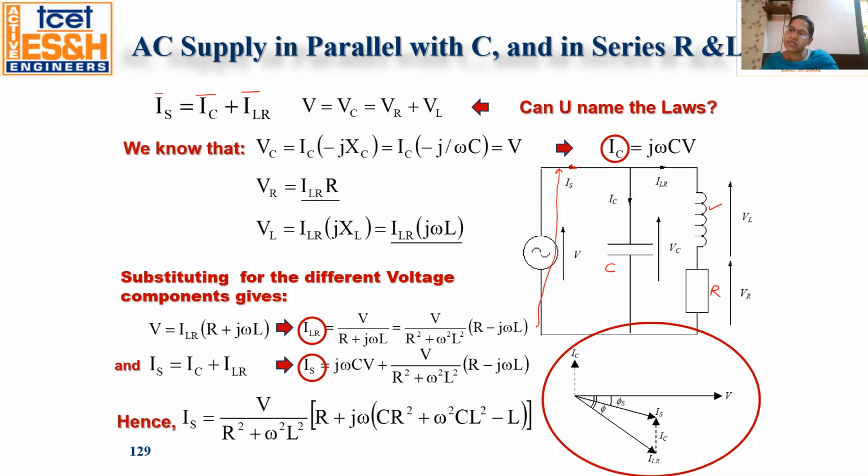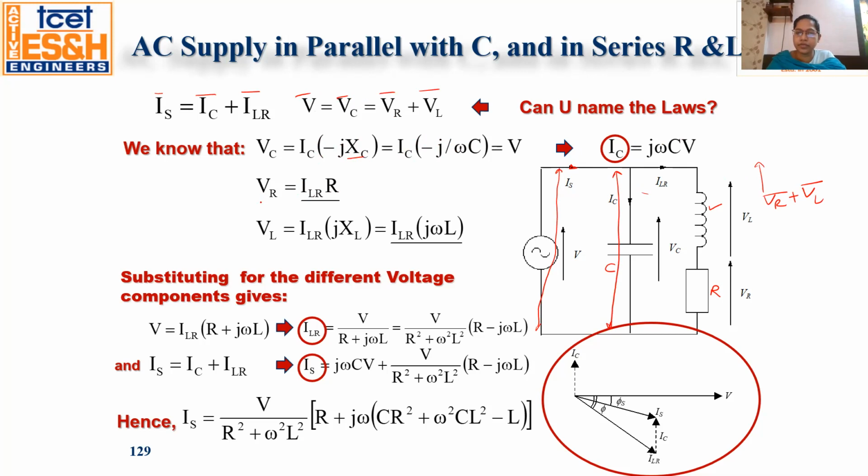So the voltage given is equal to the voltage across the capacitor, and this voltage is again equal to VR plus VL. Now VC is nothing but IC multiplied by minus J XC, where 1 upon omega C is equivalent to XC.